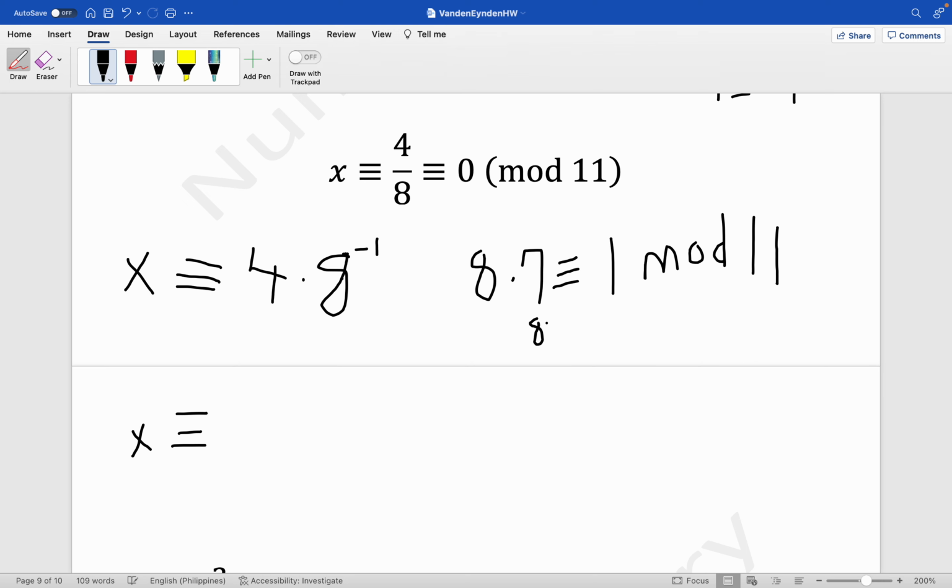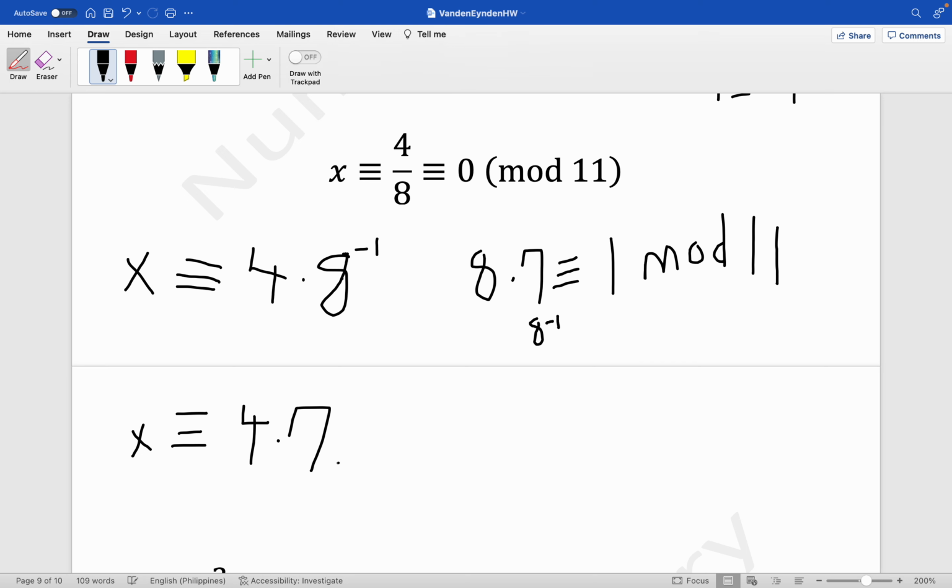Because in regular arithmetic, something divided by itself is equal to 1, right? Well, the same thing works here, you're just having to stretch the language a little bit. So we can write down that x is congruent to 4 times 7. Isn't that cool?